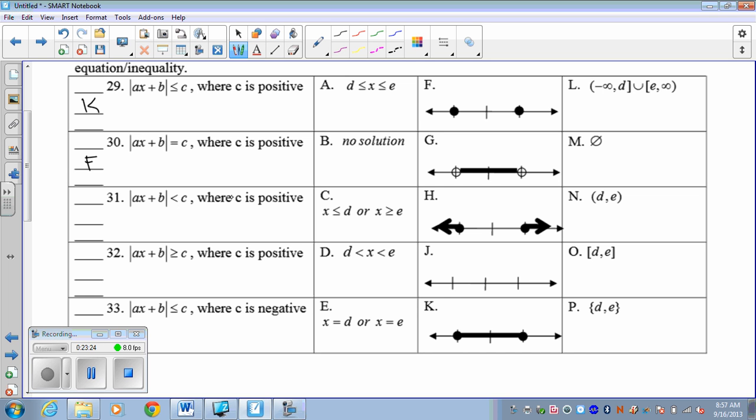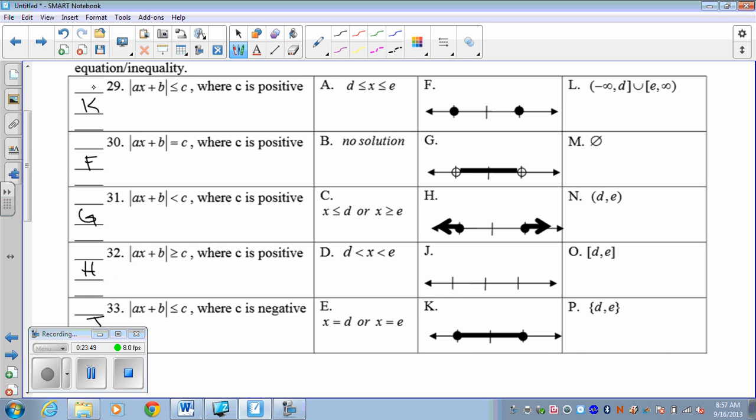Less than a positive is going to turn in with open circles, that's g. Greater than or equal to a positive turns out with closed circles, that's h. Less than or equal to, where c is negative. Positives can't be less than negatives, so it's no solution.